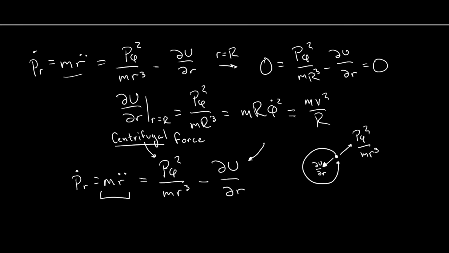And it shows up. It comes out of the math. It's a real force that shows up. It counteracts the externally applied force. And it's perfectly fine. So here's an example that shows you that a centrifugal force is not a fictitious thing. It's something very real that shows up. Otherwise, something couldn't travel around in a circle.